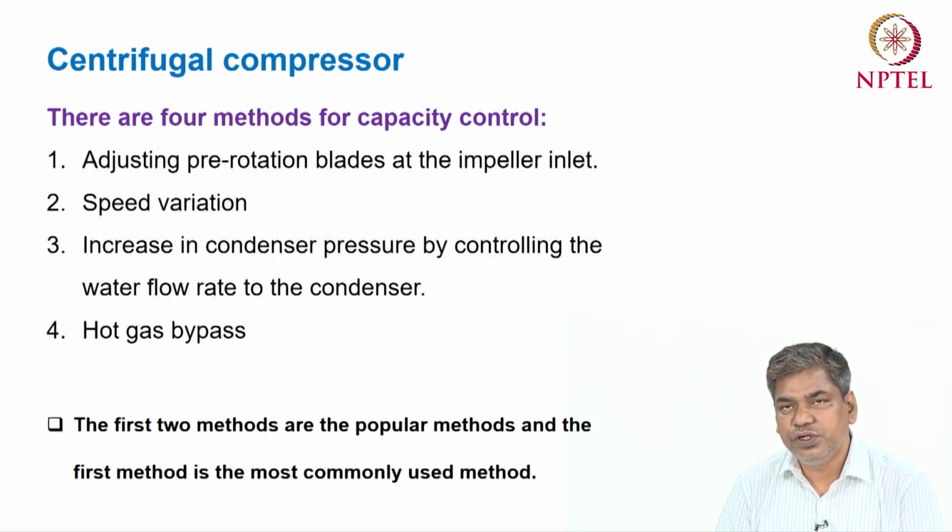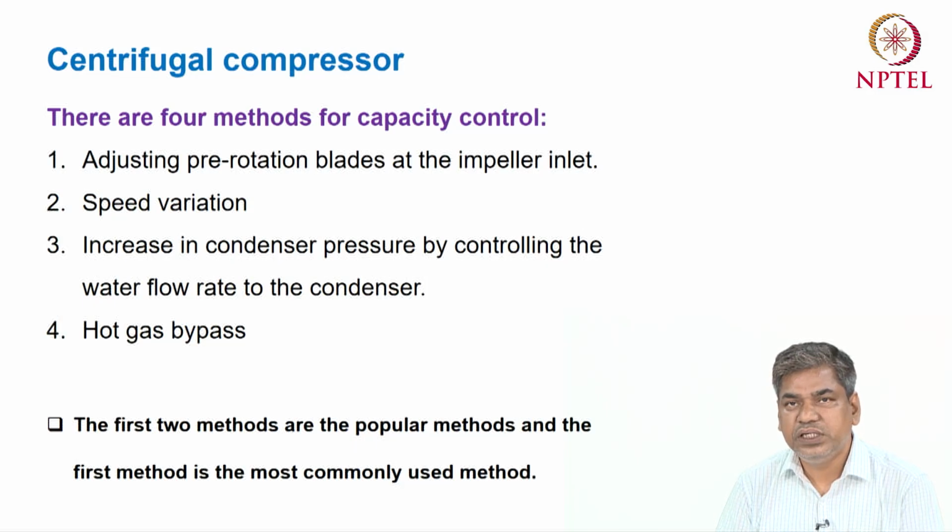We know that the total flow depends on the speed of the rotor, or the impeller. Higher impeller speed will give a higher flow rate and lower speed will give a lower flow rate. So by controlling the speed we can adjust the flow rate of the refrigerant to this compressor.